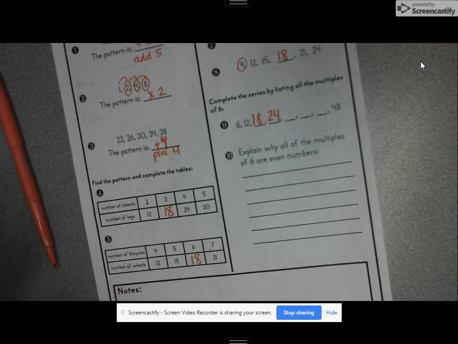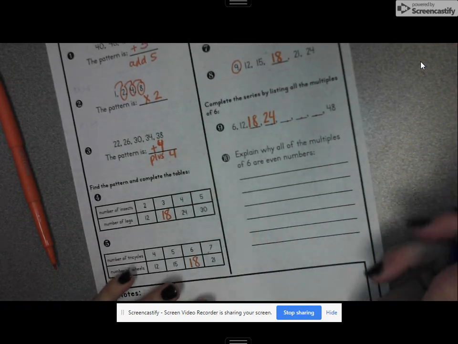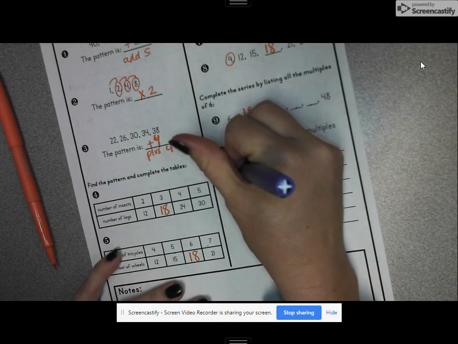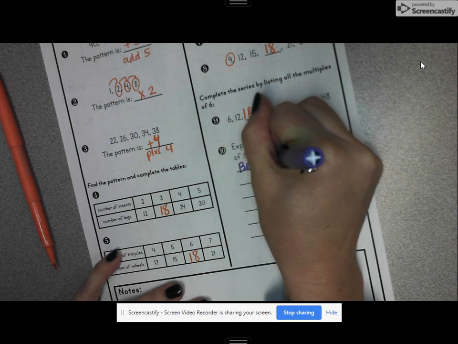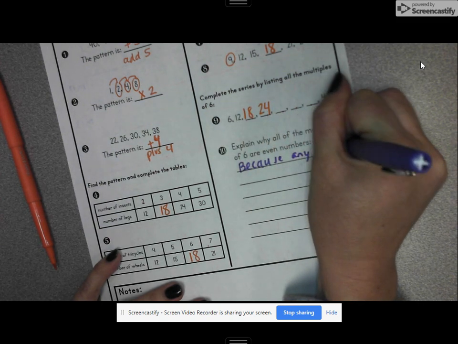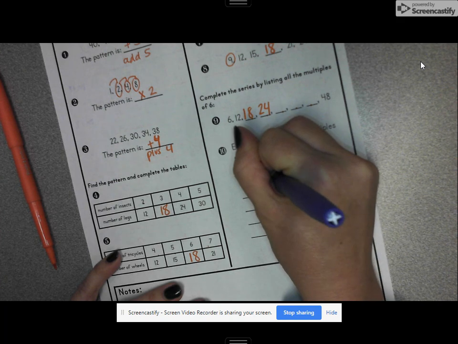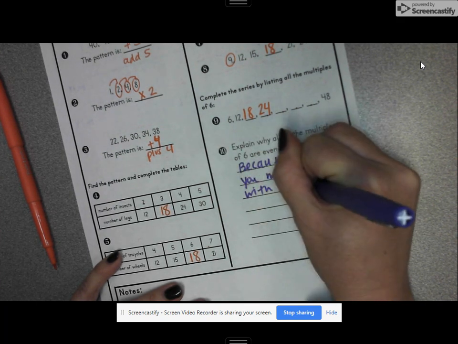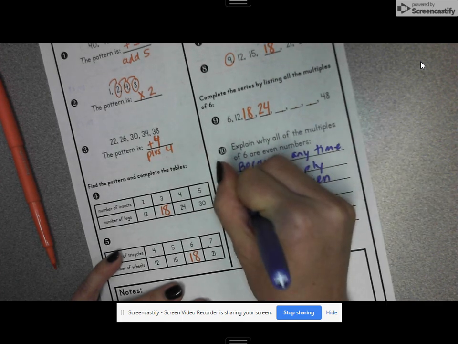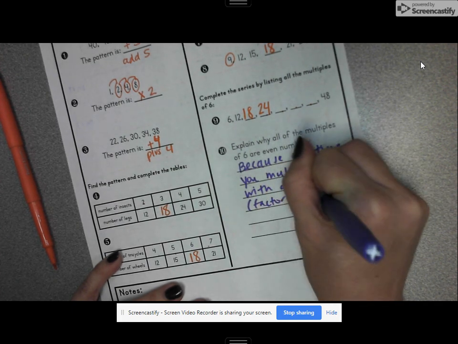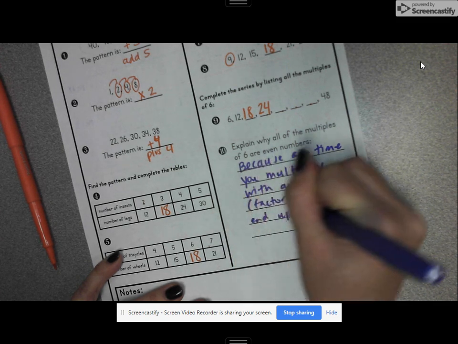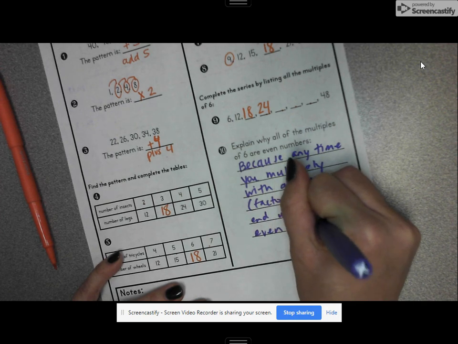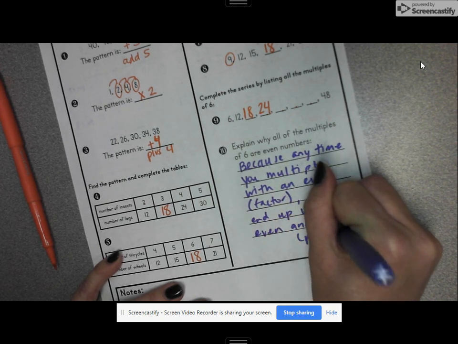So they can explain that all the multiples of 6 are even numbers because anytime you multiply with an even number, or they might say factor, you end up with an even answer, or they might use the word product.